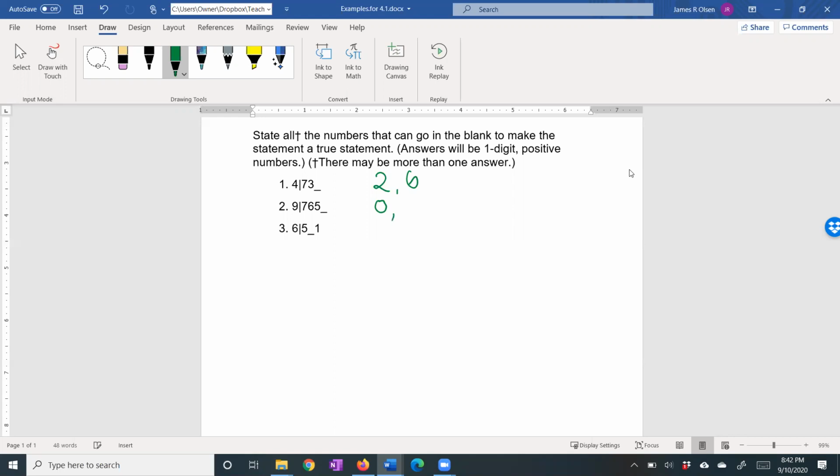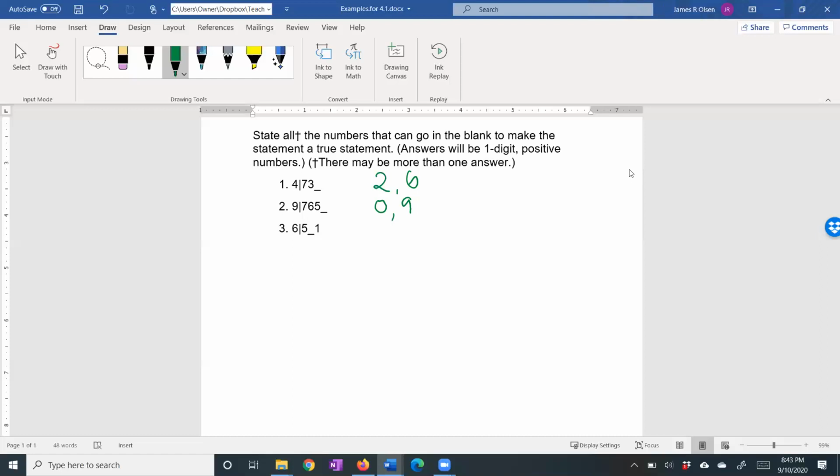That works. But what about the other numbers 1 through 9? Will any of those work? Yes. If the blank is a 9, now the sum of the digits would be 27. 9 divides evenly into 27, so 9 divides into 7,659.